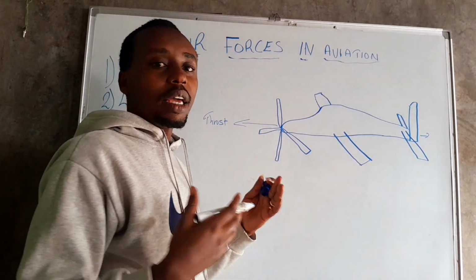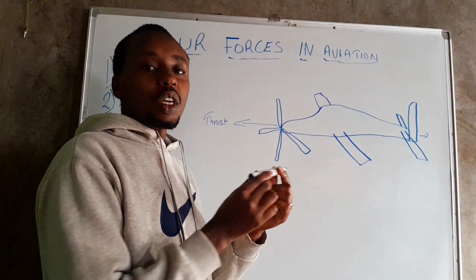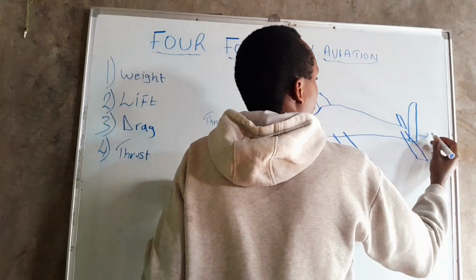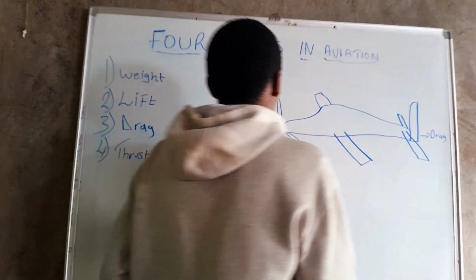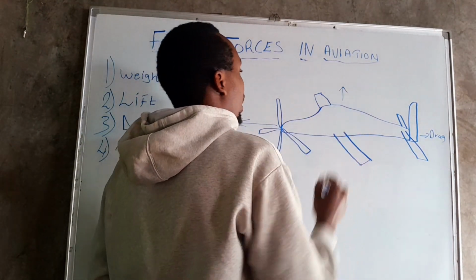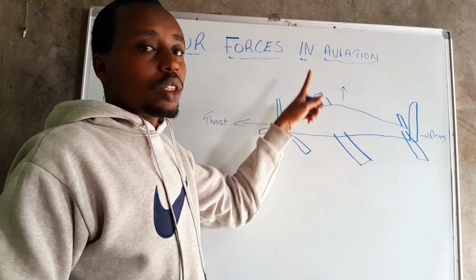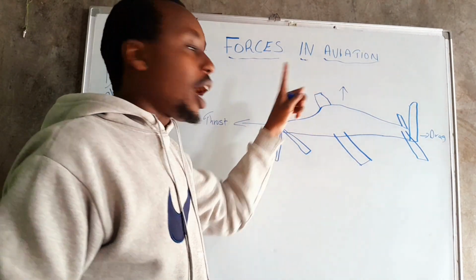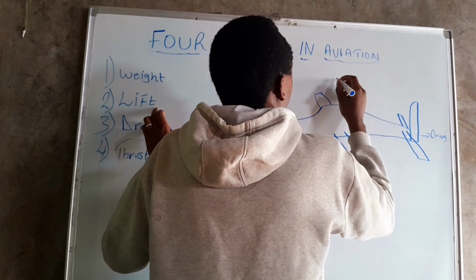You're trying to push something forward, but there's something that is trying to drag you behind. So that is drag. That works against thrust. And also we have another force that helps the aircraft to go upward or to maintain upward. That is lift.